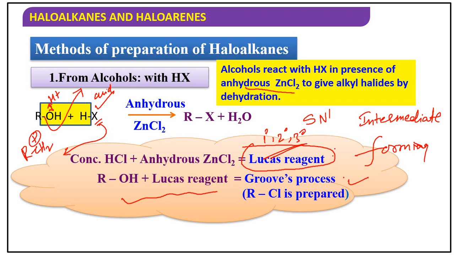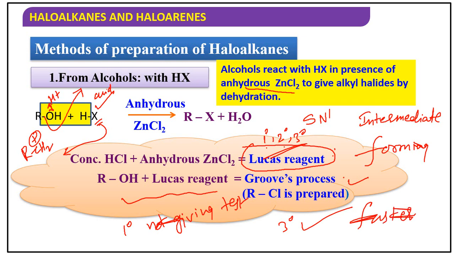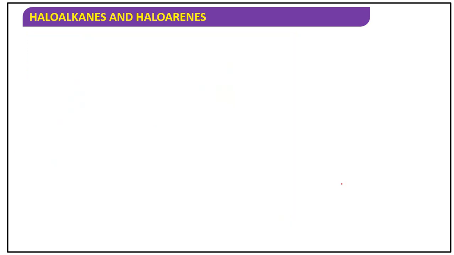This Lucas reagent is also used to distinguish primary, secondary, and tertiary alcohols. The primary alcohol does not give the test. Tertiary alcohols give it fastest. Secondary alcohols are medium; after 5-10 minutes by heating it gives the test.